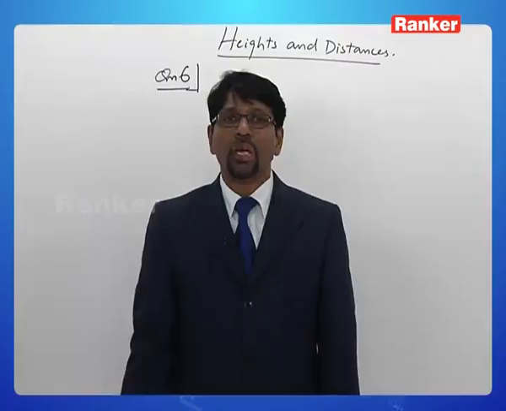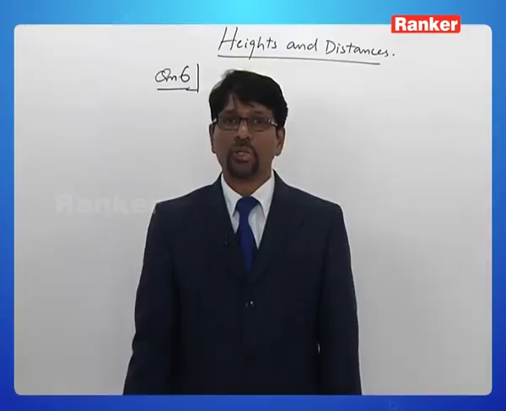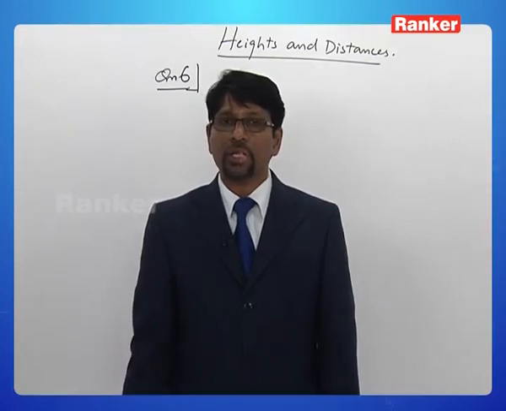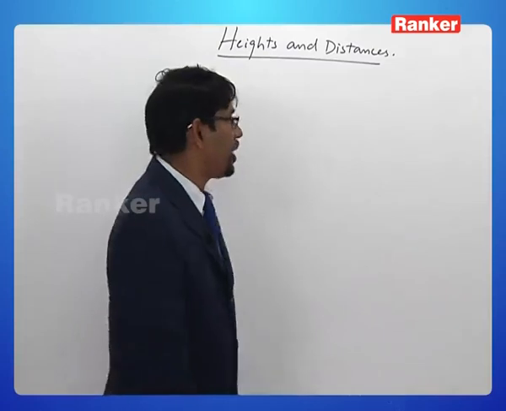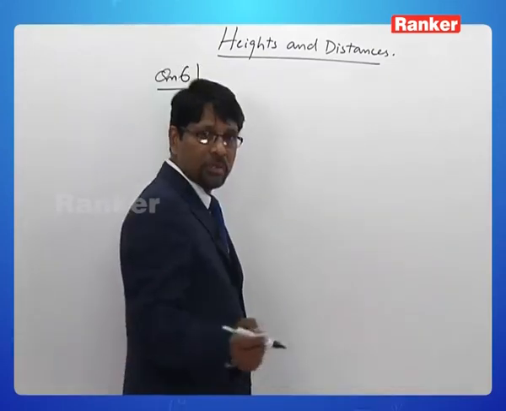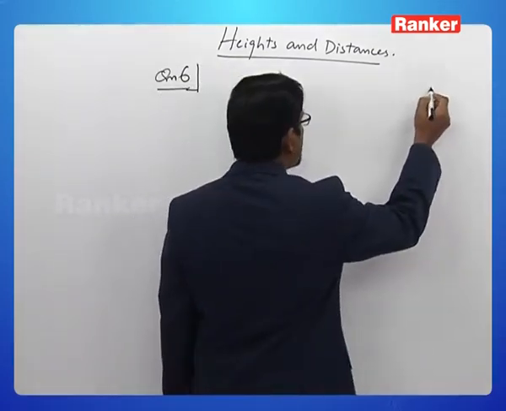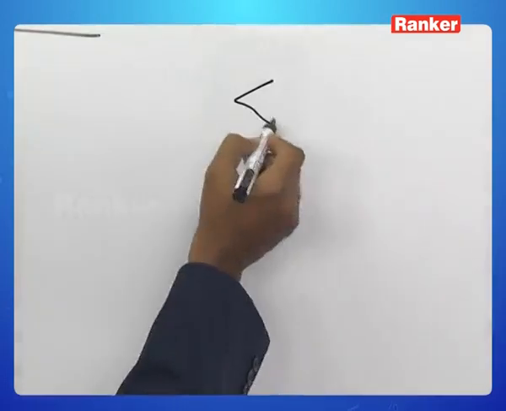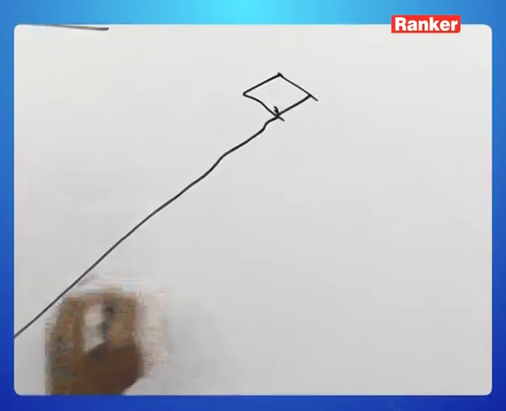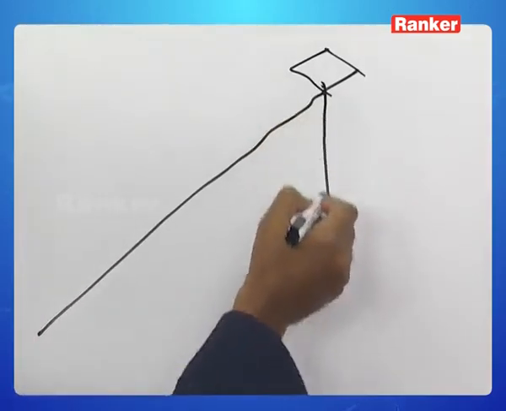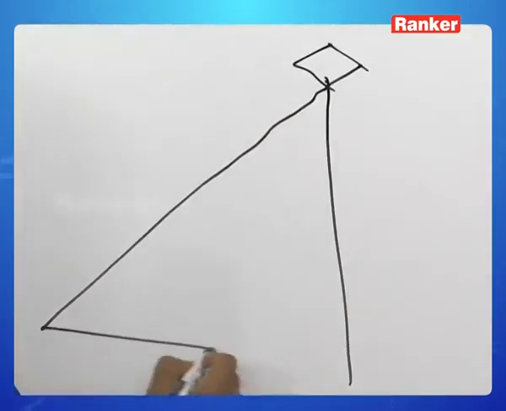Actually this problem has only to do with understanding of English. So once you understand that, it will just come in no time. What is it? We have a kite flying at a height of 60 meters from the ground.